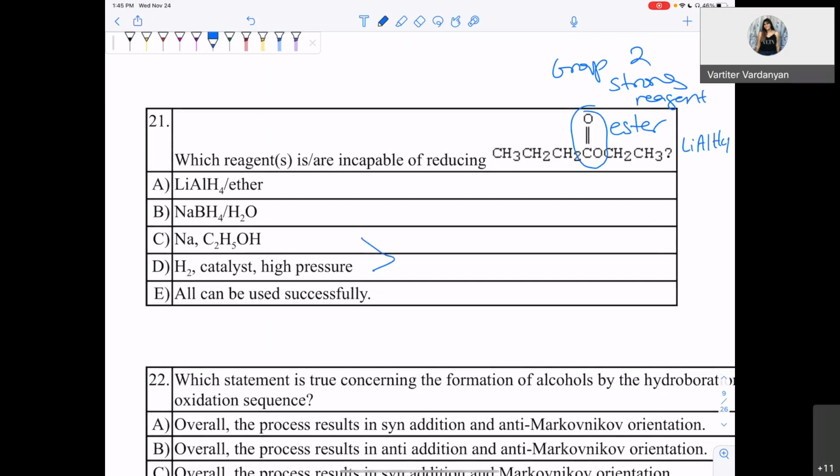This is kind of an unfair question because we didn't learn about these two, but we did learn that NaBH4 cannot catalyze this reaction. So again, this question is kind of unfair because of C and D, but we learned that NaBH4 cannot reduce an ester. So that's why that's the answer.